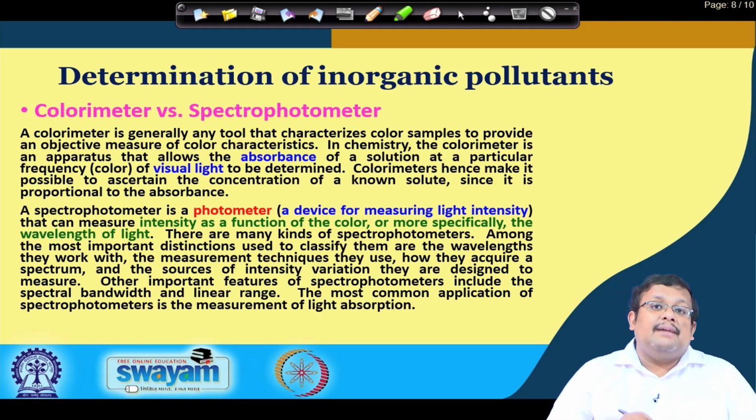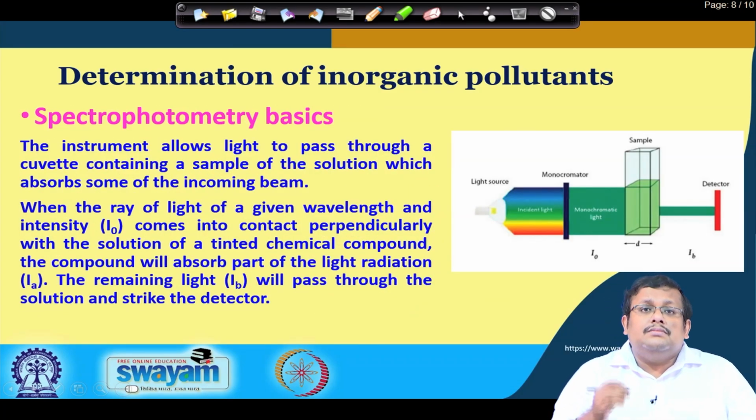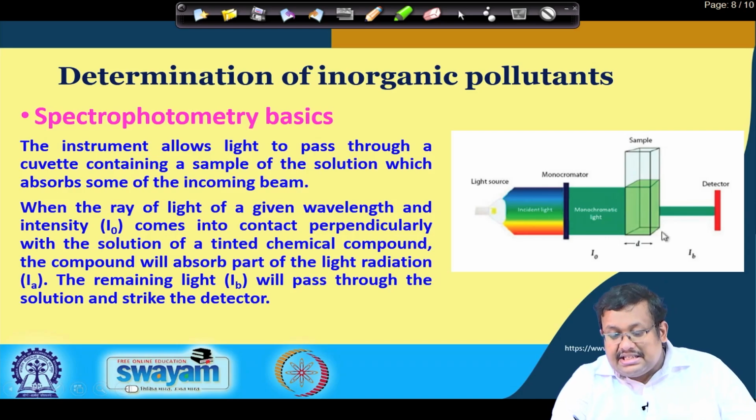The most common application of spectrophotometer is the measurement of light absorption. Basically, we generally measure the light absorption by spectrophotometer. Now, the basics of spectrophotometry says that instruments allow light to pass through a cuvette. A cuvette is a specialized container which contains the samples.